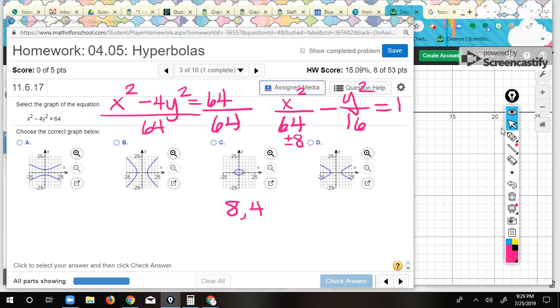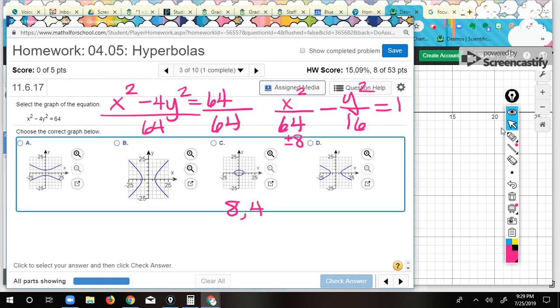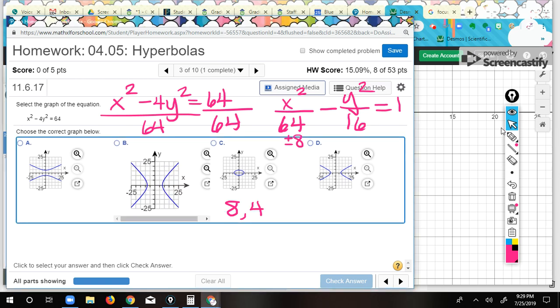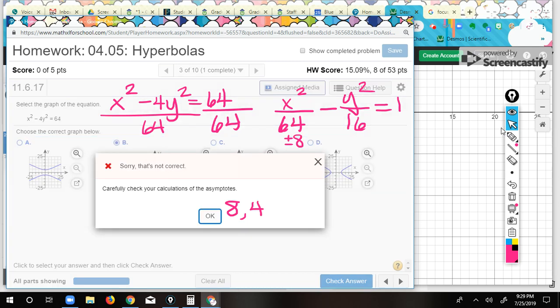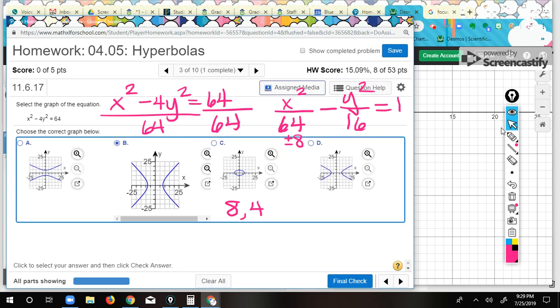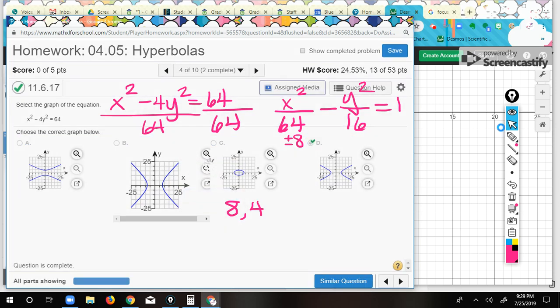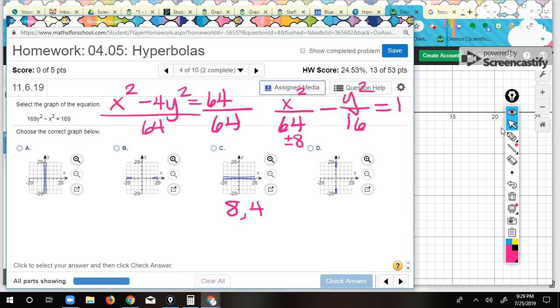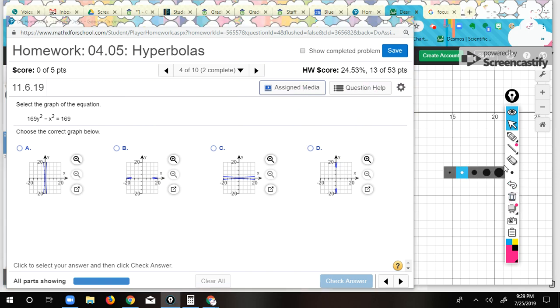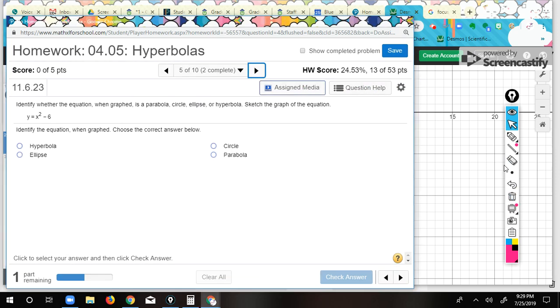We should be at 8 and go up 4. Gosh, it's so close. I would just guess which one. Nope, not the right one. That's going to be D. Bam. So I would divide to get it equal to 1 and then take the square root of that x to figure out where it crosses the x-axis. That's the best thing to do.